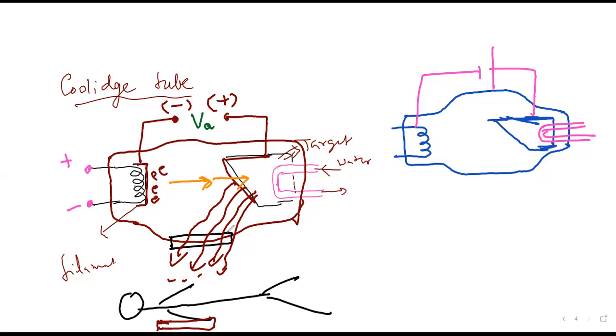I've got a question. Could the X-rays go here as well? No, because you are obstructing it. You have to make one window. You cannot allow the X-rays to go everywhere. Because you know that X-ray is being produced, why would we allow it to escape to other parts, which is dangerous?